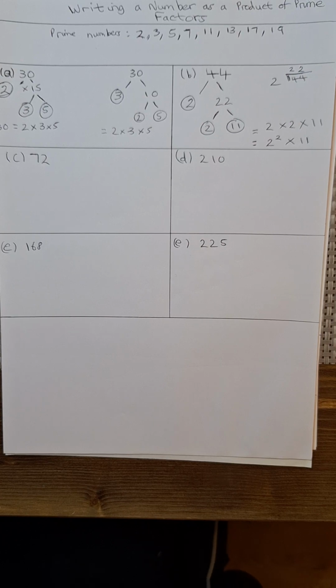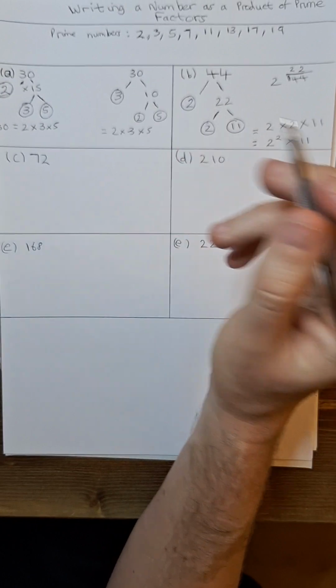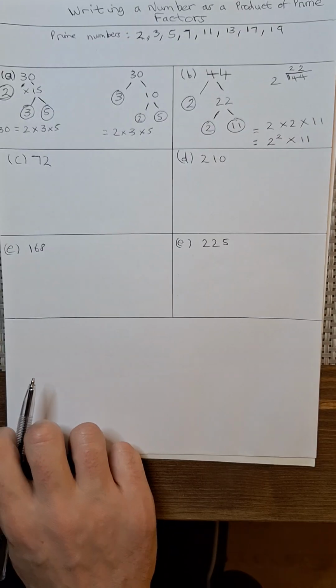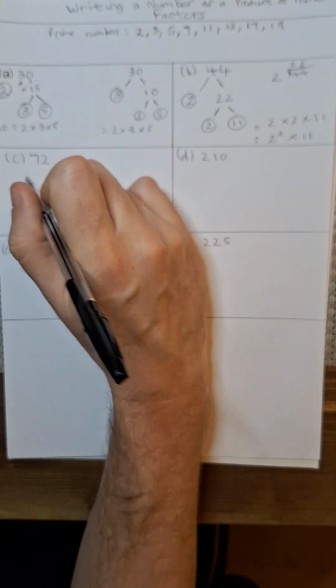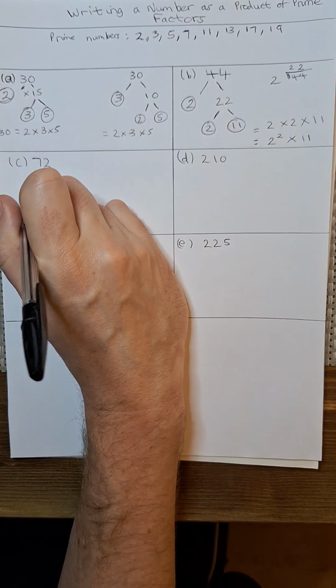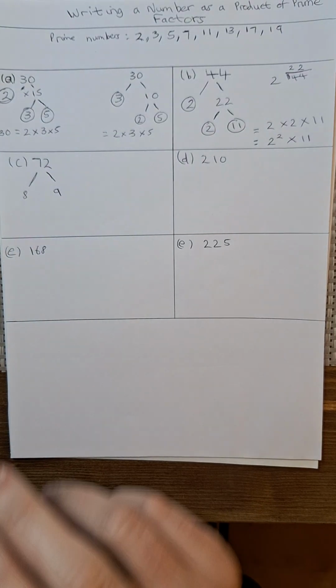Next one, 72. Again, it's an even number, so you can divide by 2. However, from mental arithmetic, I know that this is simply 8 times 9. 9 times 8 is 72.